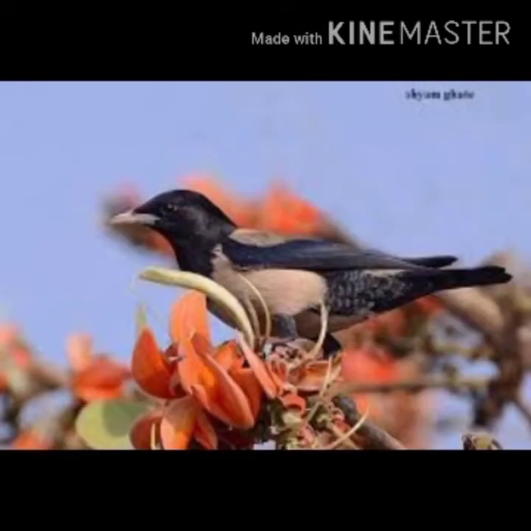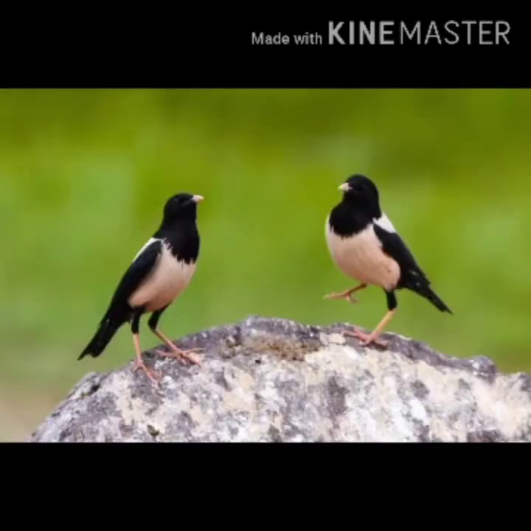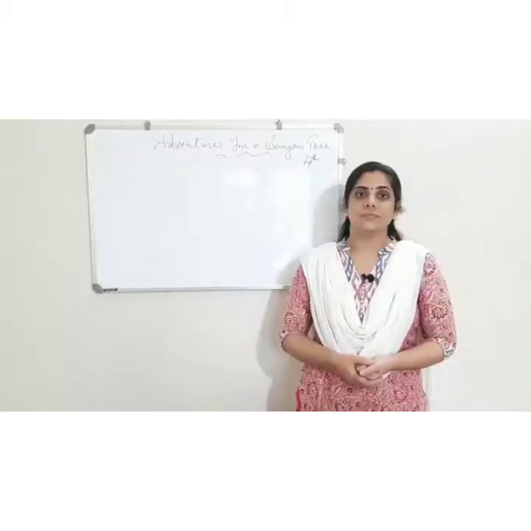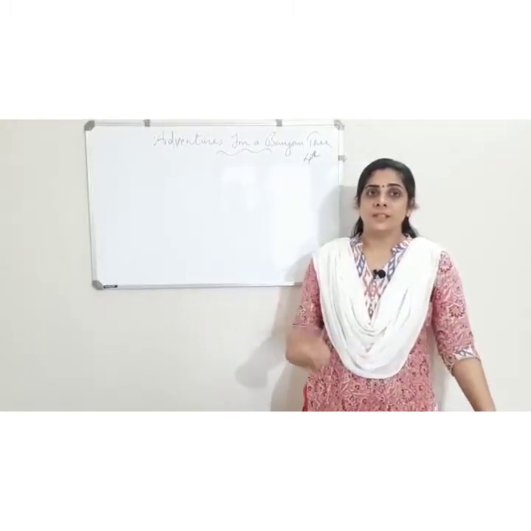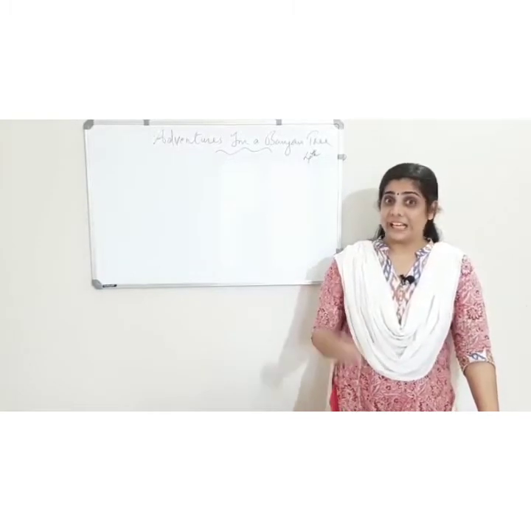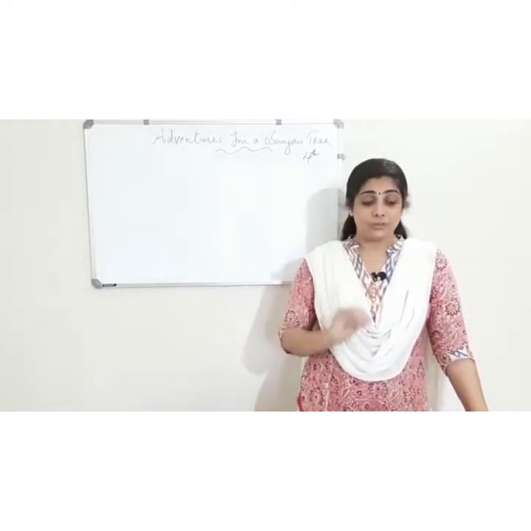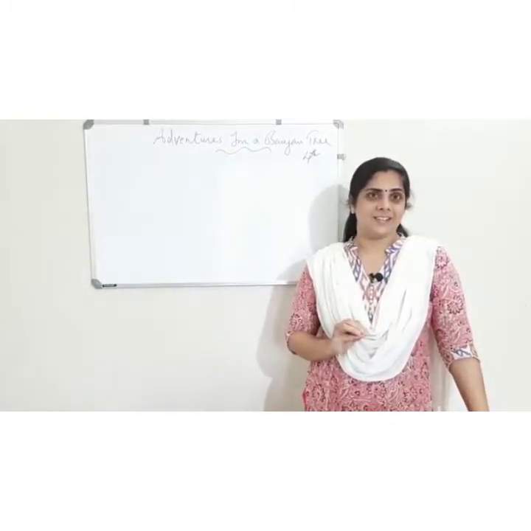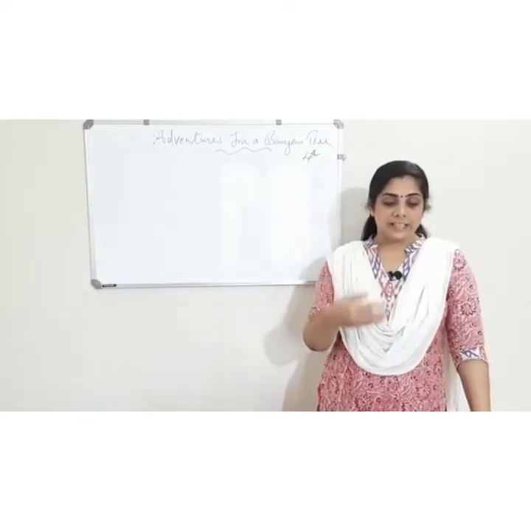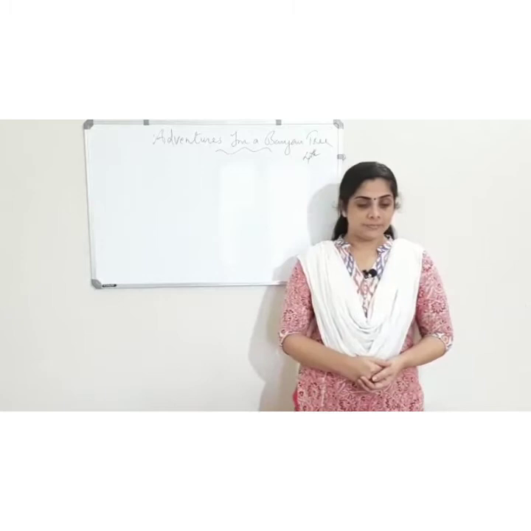Many birds we can see, and rosy pastors. Actually we are not familiar with these kinds of birds. Have you seen this? How is the fig? Red fig? Very beautiful one. Did you understand the paragraph? Okay, we can read the next paragraph.